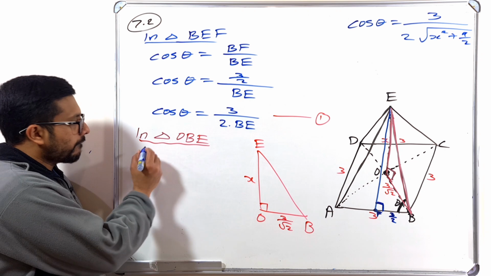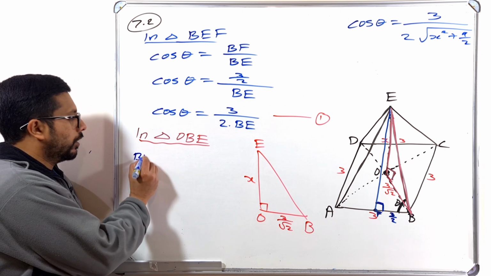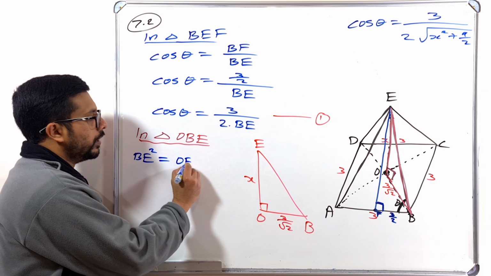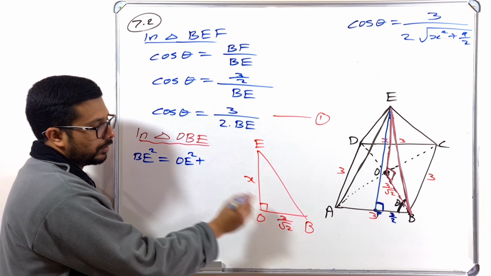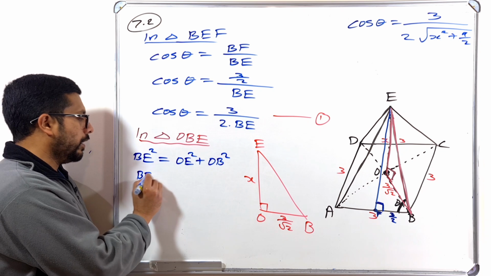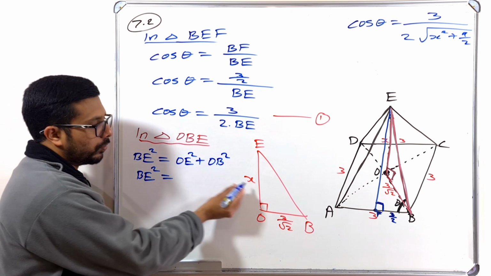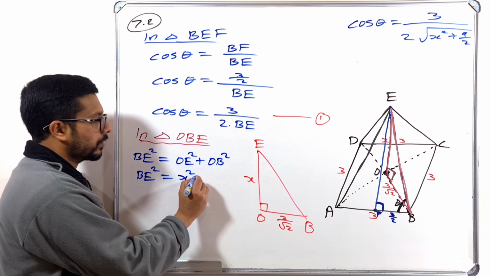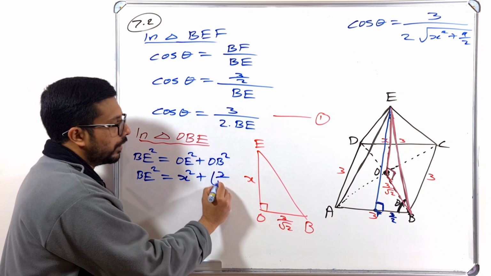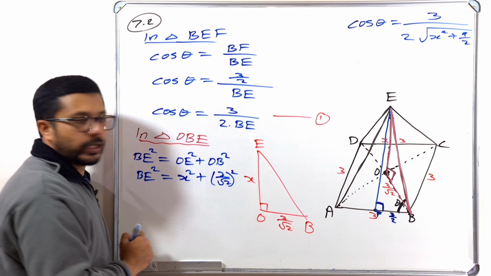Am I right? Okay. So how can you apply Pythagoras theorem? BE square is equal to OE square plus OB square. So what is OE? x. So it is x square plus OB, OB is 3/√2 square.